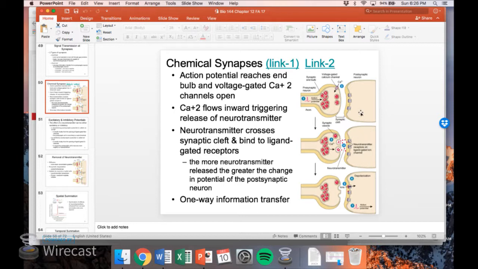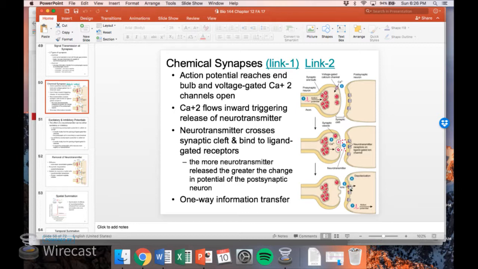What's going to happen to the postsynaptic neuron in this example is that we have these neurotransmitters binding to these ligand-gated ion channels. So these ion channels are going to open in response to ligands. These are going to cause a graded potential because it's local and it may not cause an action potential, right? These aren't voltage-gated sodium channels, they're ligand-gated ion channels. So when these neurotransmitters, it looks like this is, oh, no, we actually don't know what they are.